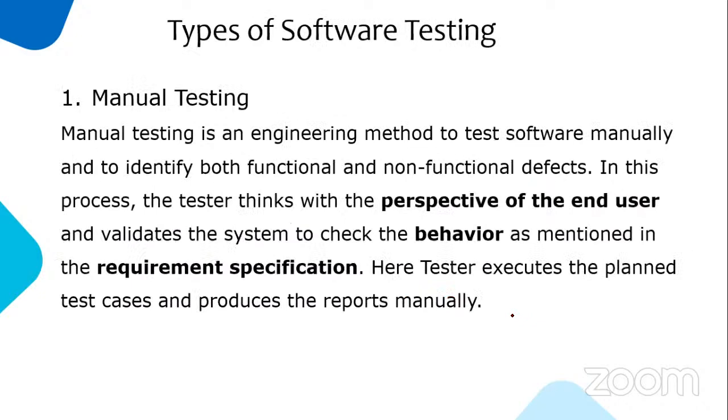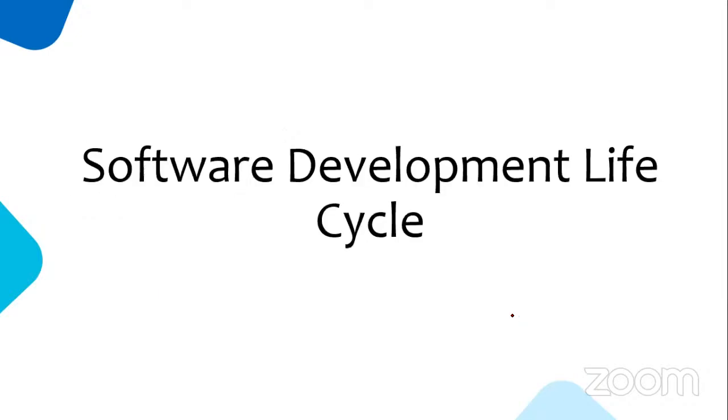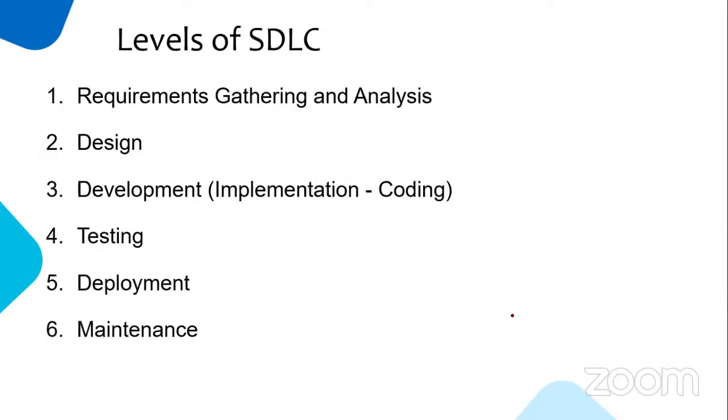And we have manual testing, and if you do it using an automated tool, that is automation testing. And software development lifecycle, where we have seen all the levels like how we are going to analyze the product, gather information, and then we will design. Architectural design will come, wireframe we will be designing, and module wise we will be coding it. Then unit by unit, module by module testing will be done.